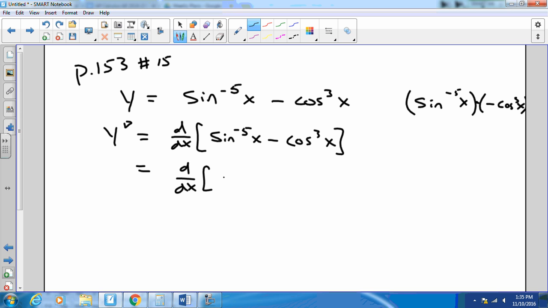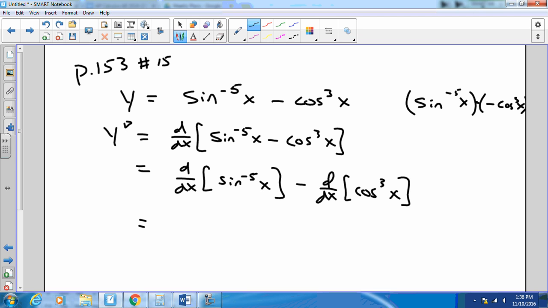So, now that we understand that it's subtraction, we see that this is going to be the derivative of sine of minus 5x minus the derivative of cosine of 2x. Okay. And now what we've done is to break our complicated derivative into two simple parts, and we can take each one separately.